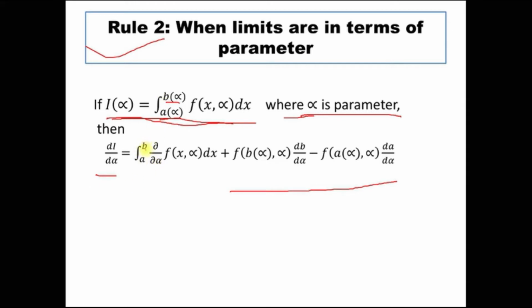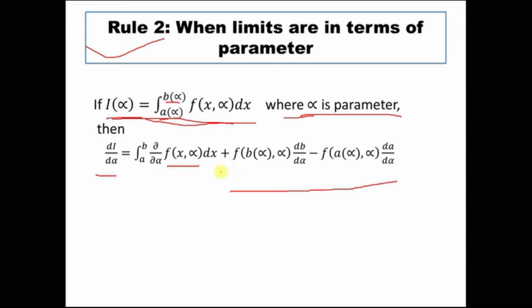The differentiation goes inside the integral from a to b and becomes partial differentiation: integral from a to b of dou by dou alpha of the function f of x comma alpha dx.